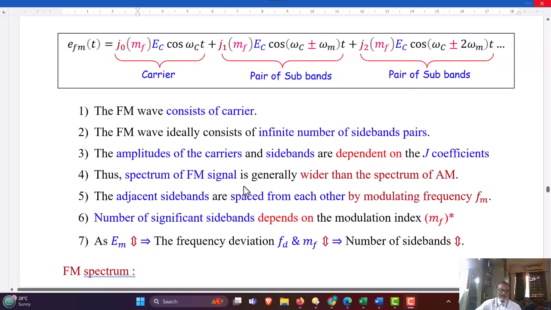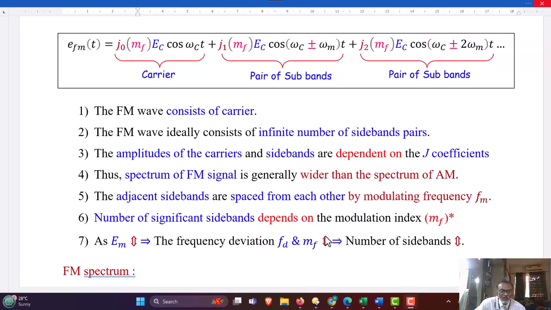The spectrum of an FM signal is generally wider than an AM signal because in AM signal we will see only a pair of sidebands generated, whereas here multiple pairs of sidebands are generated and therefore the spectrum of the generated frequency modulated signal is wider.